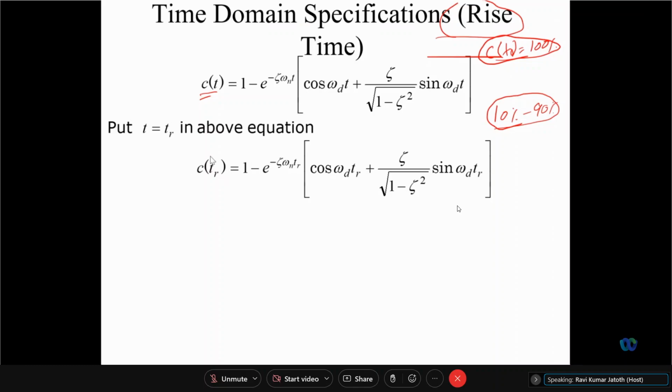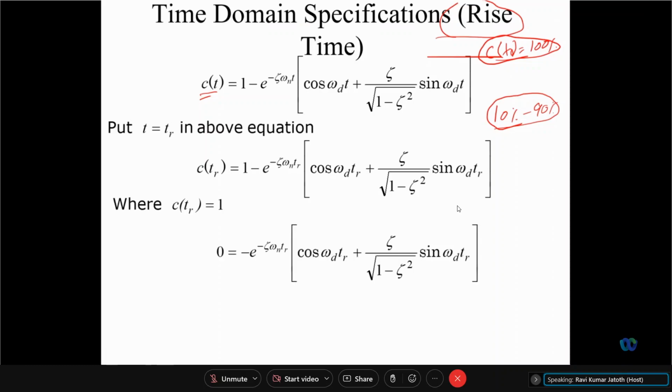At rise time, the C of tr is how much? 100% means one, no? Yes, it's 1. So you substitute 1 here and then simplify that for the time tr. So we have to get the expression for tr.